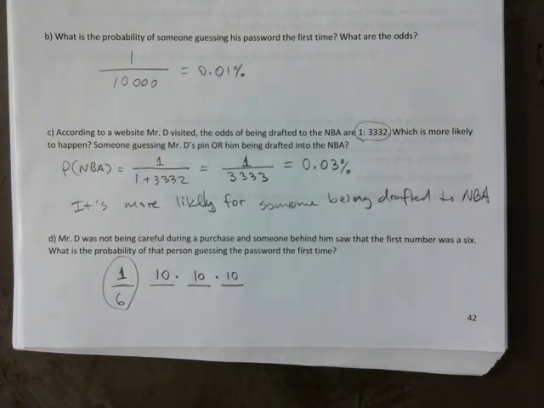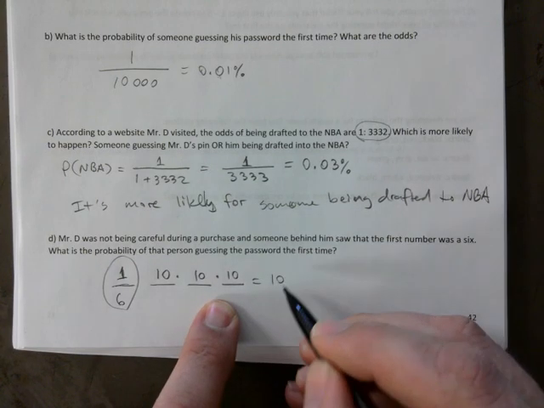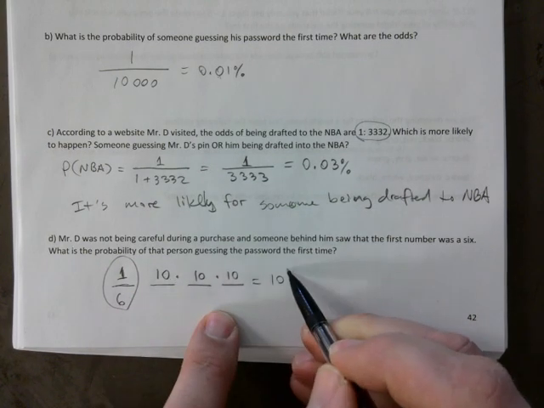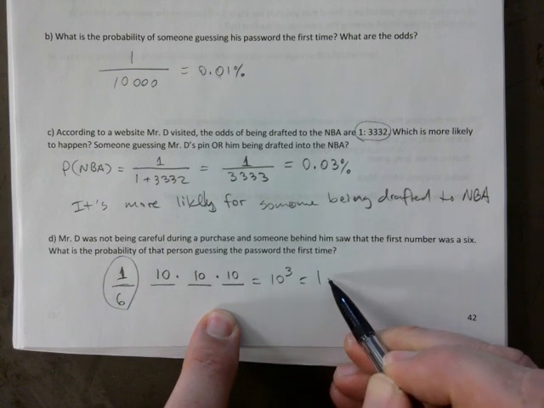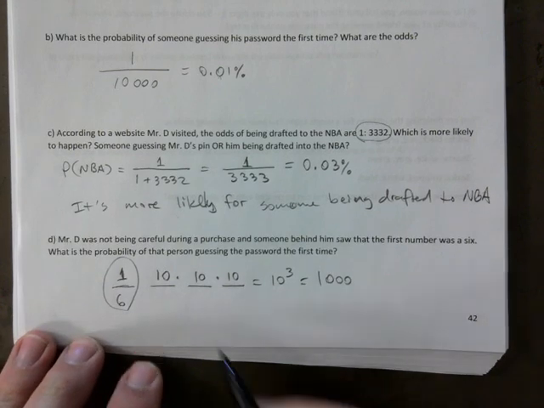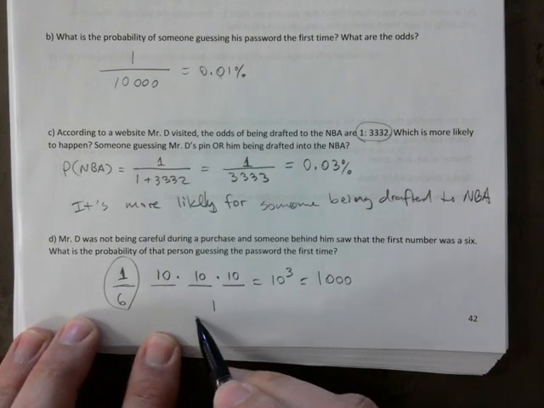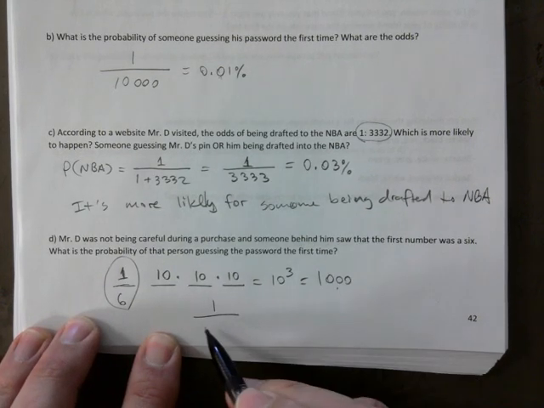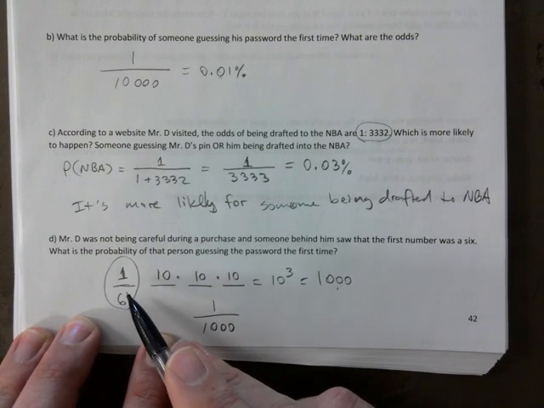This is called the fundamental counting principle, by the way. You don't need to know that name, but that's 10 to the power of 3, so 10 followed by 3 zeros. So what are the chances of somebody guessing it now? 1 over 1,000, because they don't need to worry about the first digit.